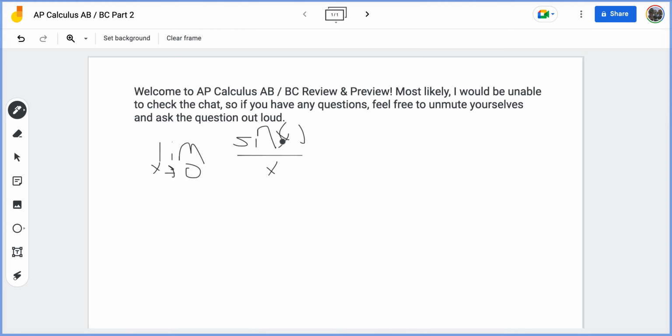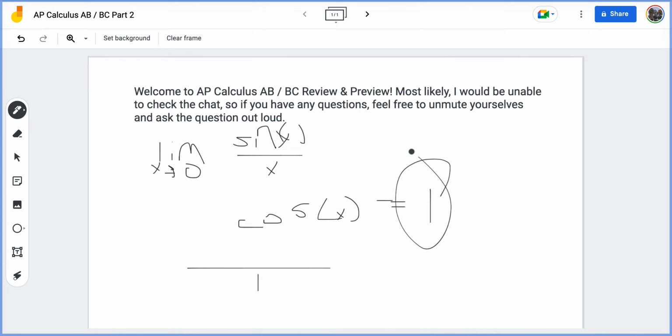But with calculus, we can prove what it's equal to. We just take the derivative of the numerator, which we said was cosine x, and the derivative of the denominator, which is 1, and it's just cosine x. And when you plug in 0 into cosine x, you get 1. So the answer is 1.